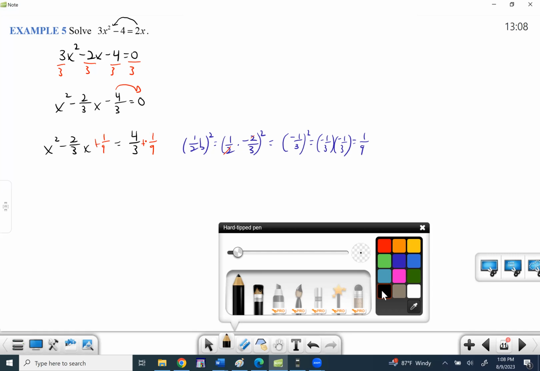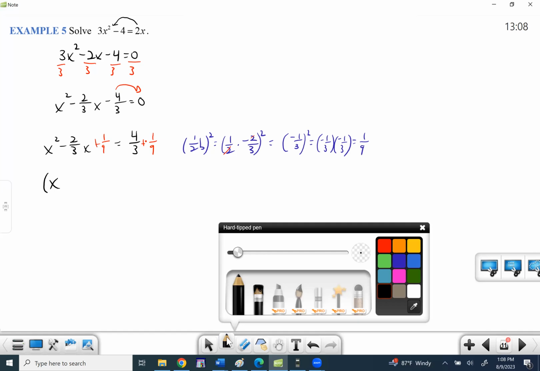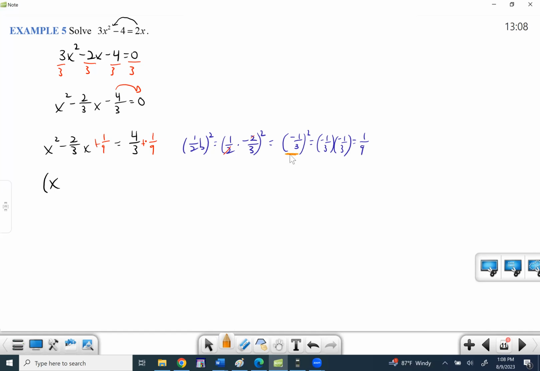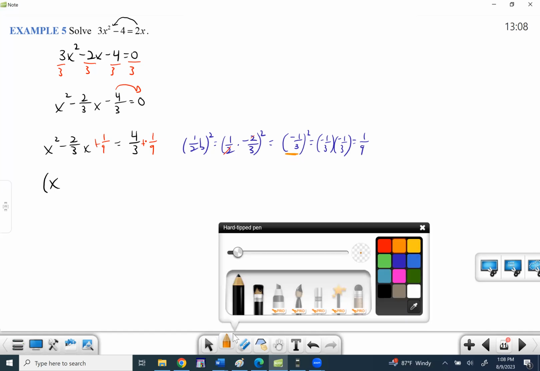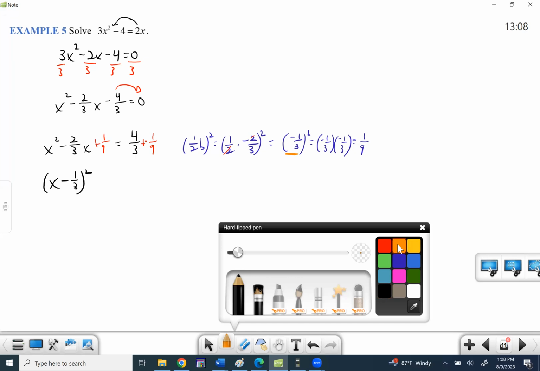Okay. All right. So this is where that trick comes in handy. I mean, nobody wants to be looking for factors of 1/9 that add up to negative 2/3. You just don't. But we already know it's going to be the number right before you square. So it's going to be negative 1/3, right? All right, so those match.